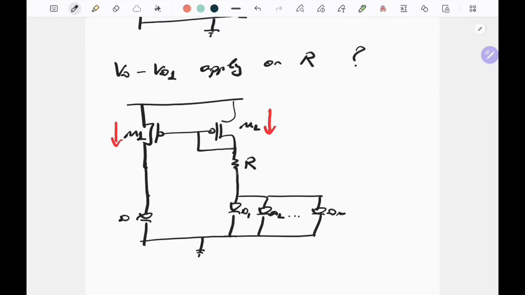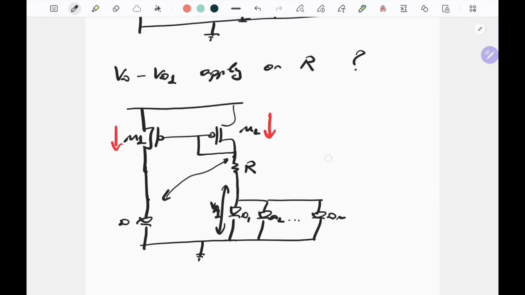In this case, on the bottom terminal of the resistor, we have voltage VD1, and if the voltage on the top terminal of this resistor was VD, so this voltage was equal to the diode voltage, the voltage on the diode D, then of course the current in the resistor R would be PTAT.